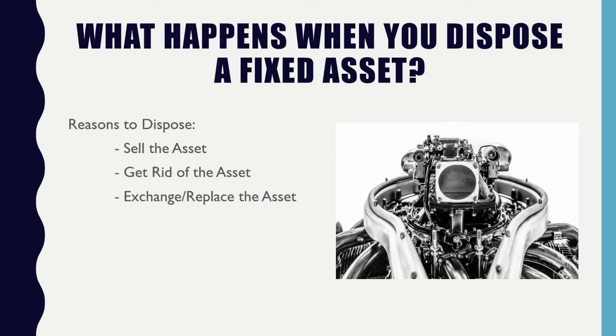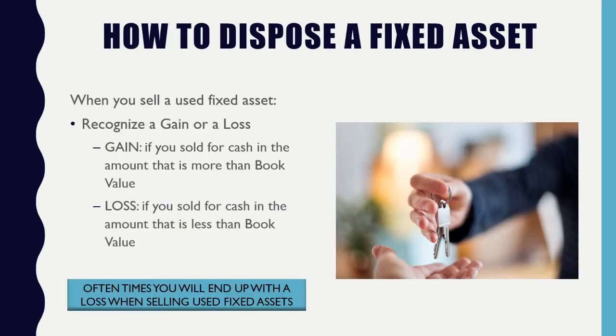So let's talk about what to do when you have those fixed assets and what you choose to do with it, because they're not going to always stay on your books forever. Okay, so let's talk about disposal of assets. How do I dispose of a fixed asset?